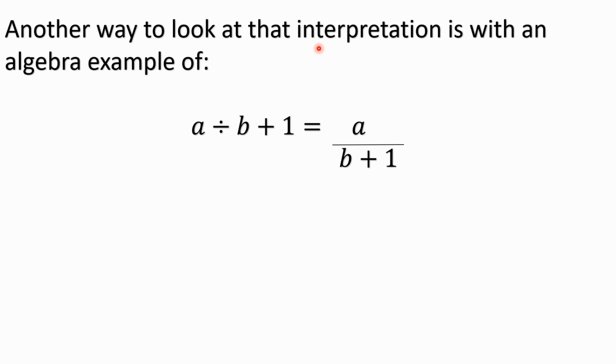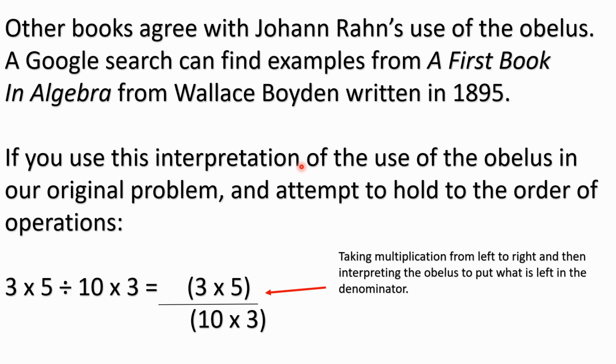Another way to look at that interpretation is with an algebra example, where you have a divided by b plus 1. Using that interpretation, it would mean a over the quantity b plus 1. Basically the same thing as putting parentheses around b plus 1. And there are some other books that agree with Johann Rahn's use of the obelus.